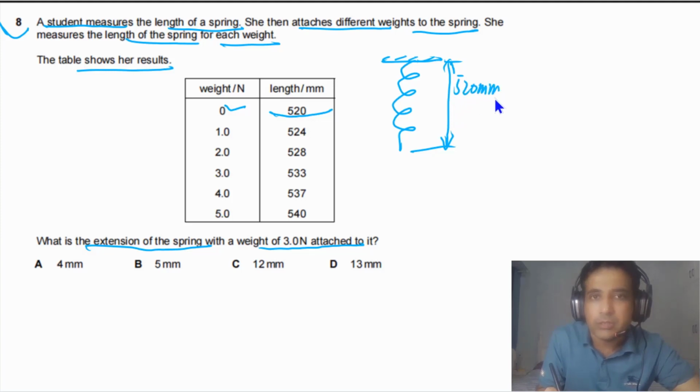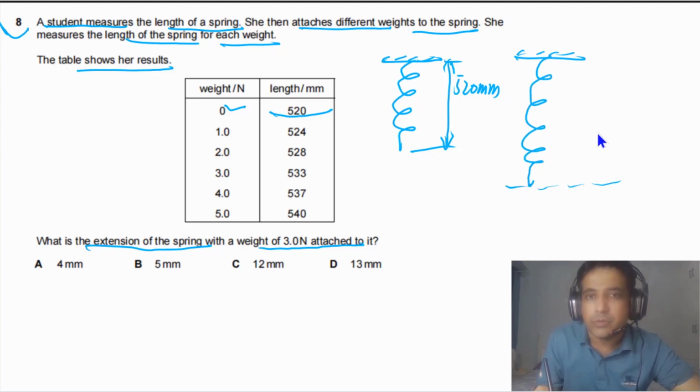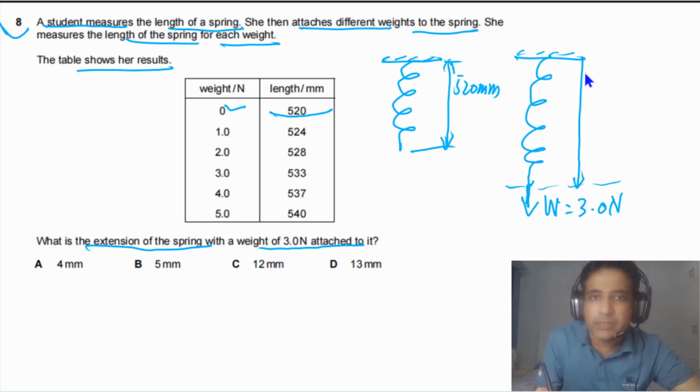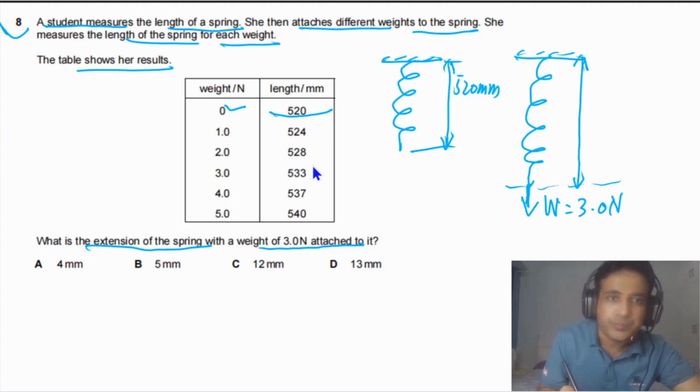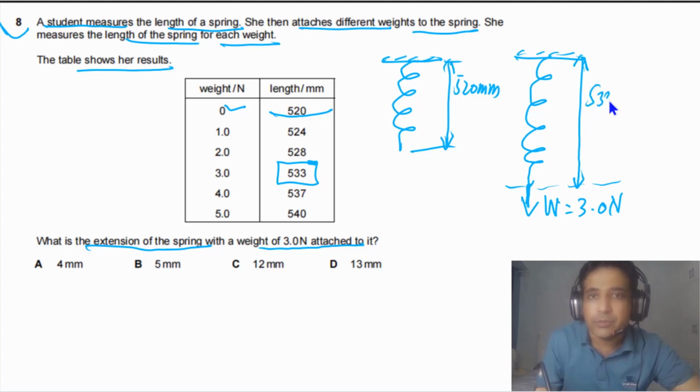520 millimeters. We need to find out when a weight of 3 newtons is attached with the spring. So this is when weight of 3 newtons is attached. So we can simply draw an arrow here when the weight is equal to 3.0 newtons. And this length of the spring is given to us, that is equal to 533 millimeters. So this is 533 millimeters.